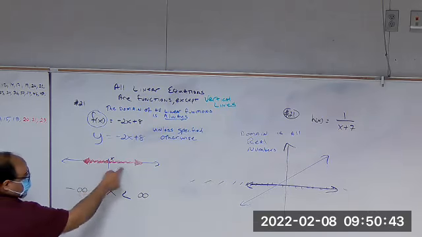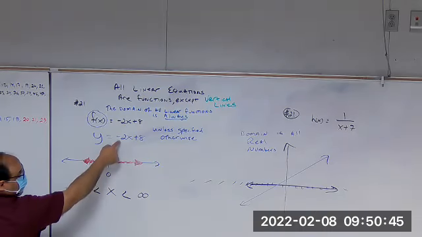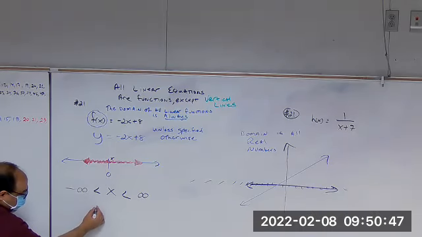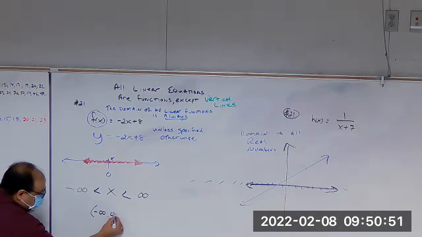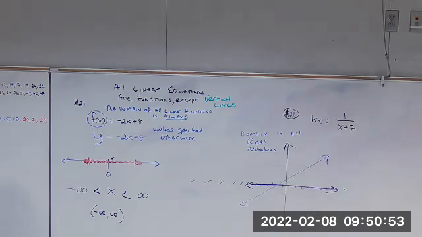The interval that you can pick your x's from and plug in: parentheses, it goes from negative infinity to positive infinity, parentheses. Now, it ain't an ordered pair because you can't really plot it, because you could never get to the infinities anyway. How do we know it's not an ordered pair? The context of the question.